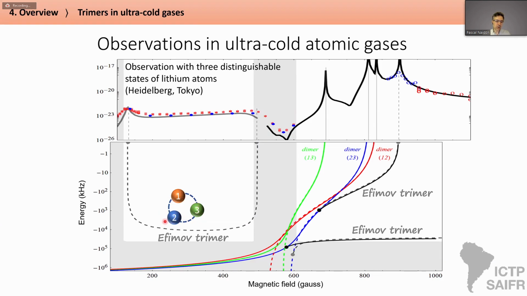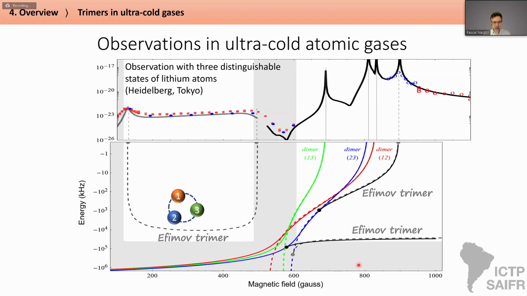So they almost behave like bosons when there are just three of them, except that they have different scattering lengths for each pair. So the scattering length between 1 and 2 is not the same as between 2 and 3, etc. But it turns out that all these pairs become resonant in the same region of magnetic field.